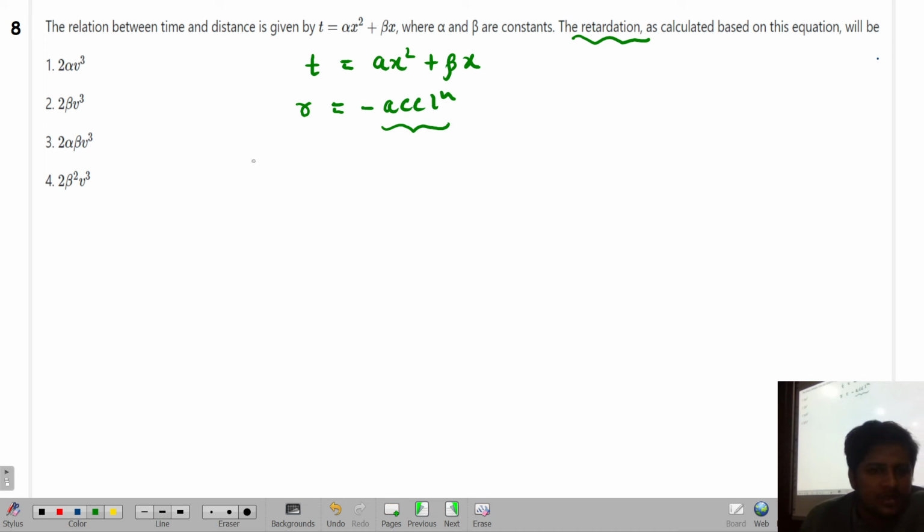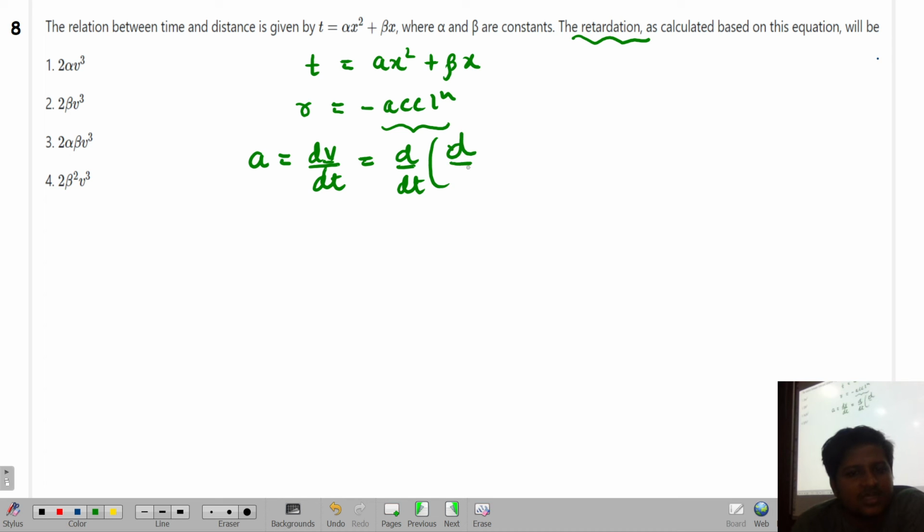Now, acceleration has two formulas. First, you apply dv by dt: if you differentiate velocity with respect to time, you can get acceleration. Or from the position, you differentiate it two times: d by dt first, again d by dt of x. If you can do that, you'll get the acceleration. So you have a three-step process here.